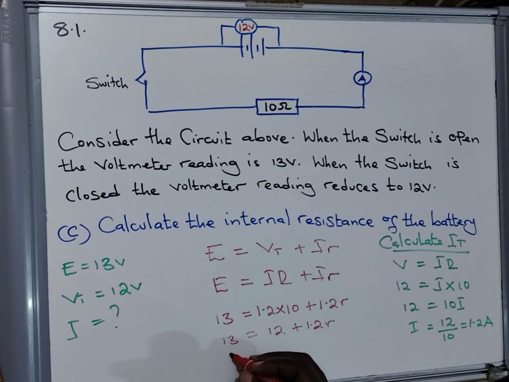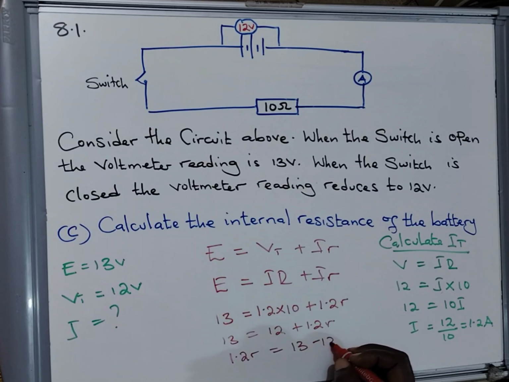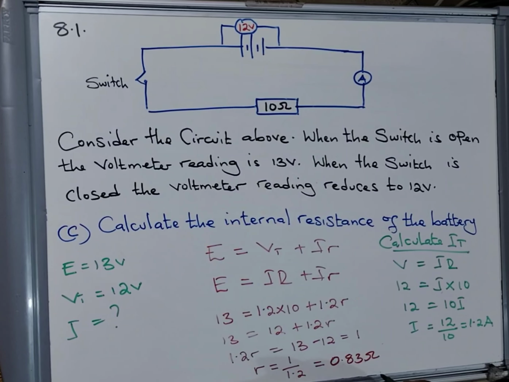We are going to say 1.2r is equal to 13 minus 12, which is equal to 1. So in other words, r is equal to 1 over 1.2, giving us 0.83 ohm as our internal resistance.